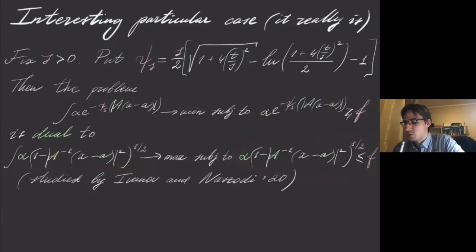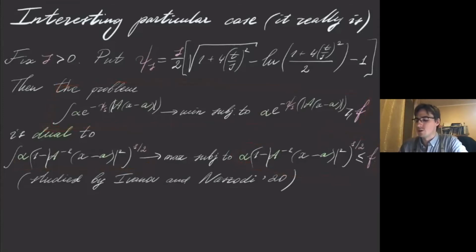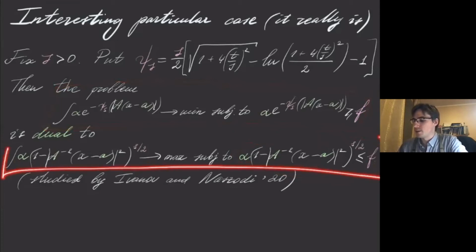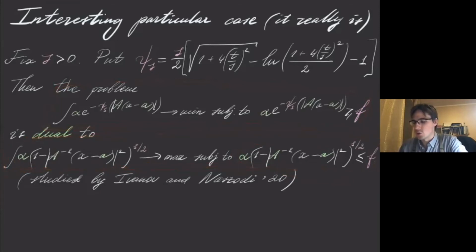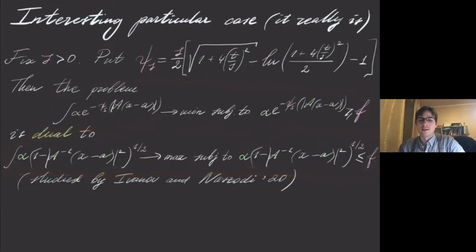So the problem I'm considering here in this talk is in some sense dual to that considered by Ivanov and Nasodi this year, and the solution to this problem also exists and is unique, and it is what they call the John s-function of the log-concave function f.